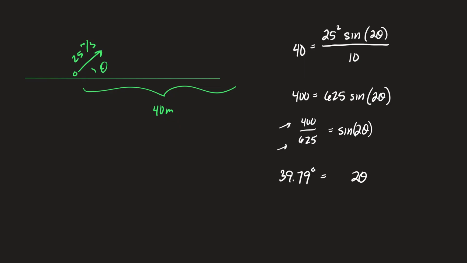But like I said, sine is positive in the first and the second quadrant. So if I take my 39.79 and subtract it from 180, I'll get 140. Again, you look at a protractor. If 0 is that way, 140 is that way.